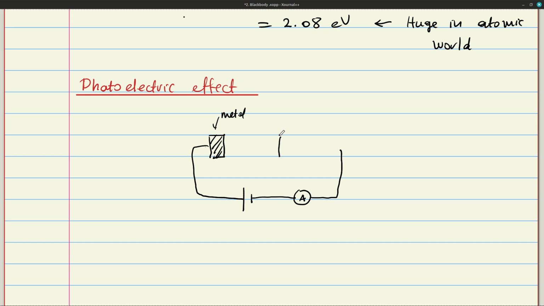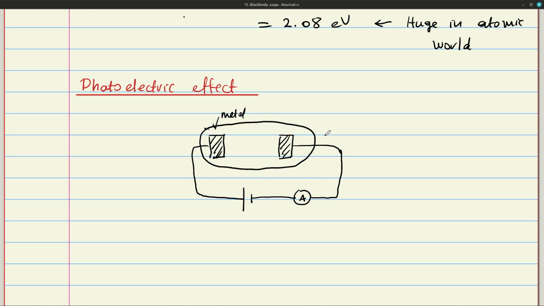On the other side, I also put the same metal, but as you can see, there's a vacuum in between, right? There shouldn't be any current under normal conditions, but typically in real experiments, people also isolate this and put it in a vacuum chamber, so that it's a more controllable and reproducible experiment.